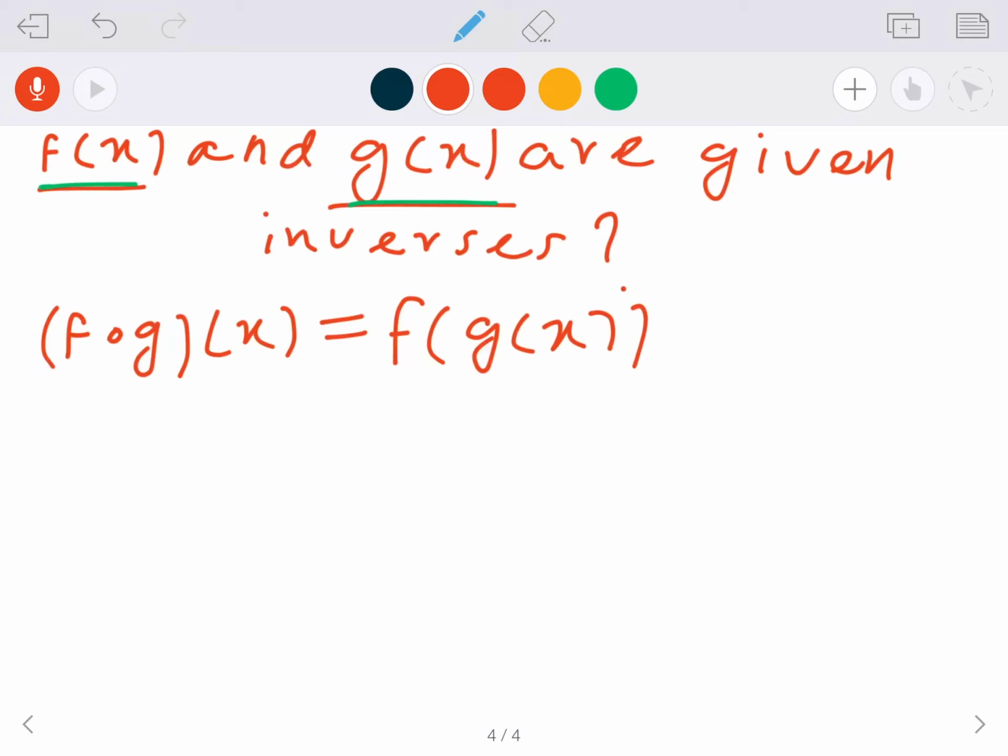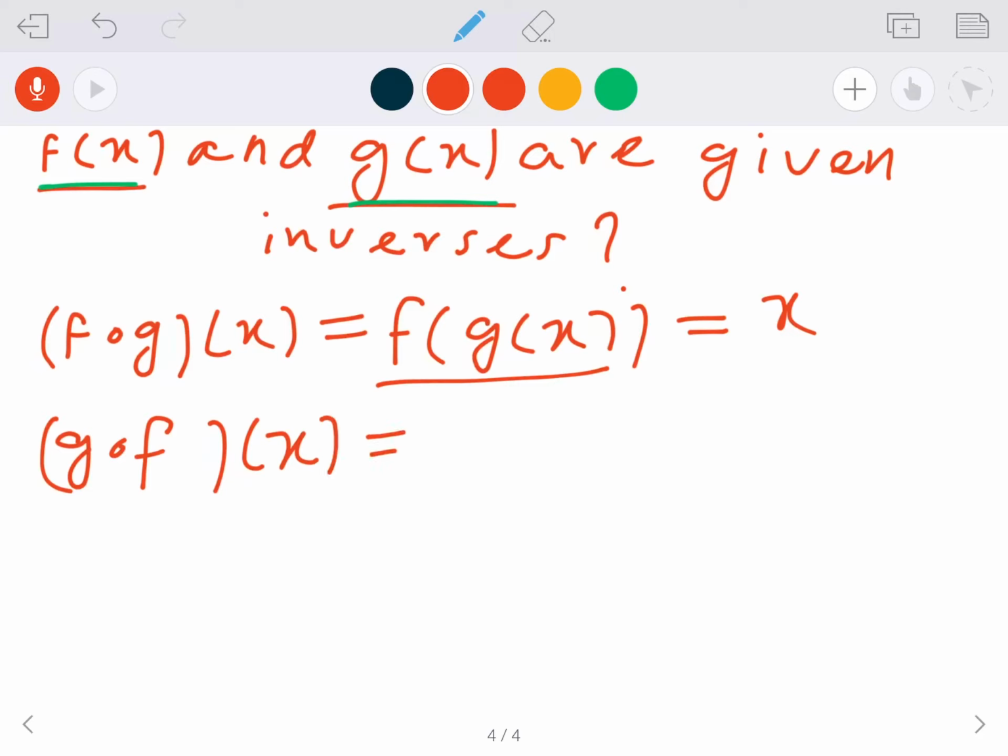If this value is x, whatever the functions are, if you find f of g of x and the value at the end you get x, then we have another condition as well, and that is g of f of x, and this one is also x.